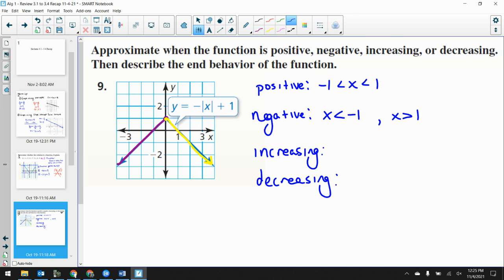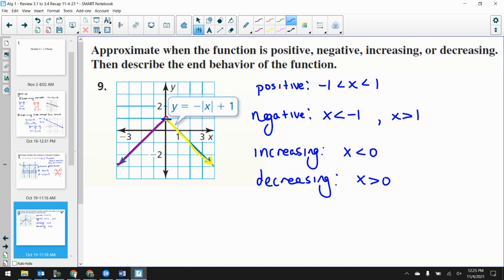What x value does it switch from increasing to decreasing? 0. Good. People have told me 1 all day. That's the y value, folks. I need the x value. I always talk about it in terms of the x value. So anything to the left of 0 is increasing, and everything to the right of 0 is decreasing.